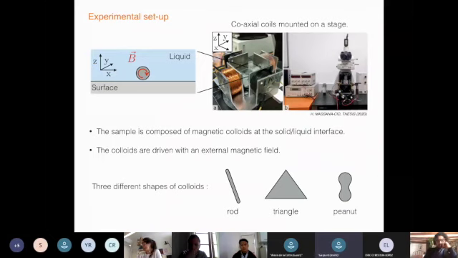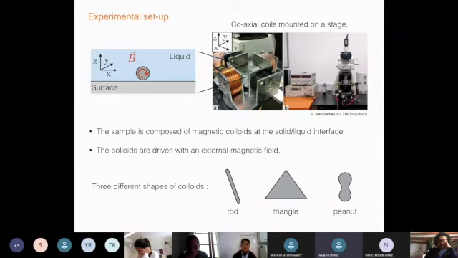The following experiments that I will show you have all been made in the same setup, which is basically a microscope. On top of the microscope, there are three coaxial coils, at the center of which the sample is placed. The sample is composed of magnetic colloids that sediment at the liquid surface interface, and that are driven with an external magnetic field.